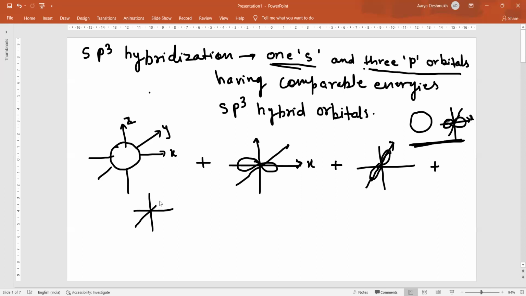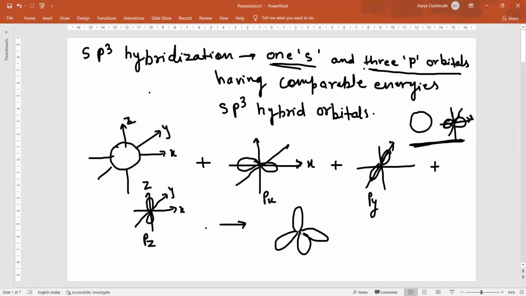We'll draw here. This is Z, Y, and this is X. So these three are Px, Py, and Pz. These three p orbitals and one s orbital, having comparable energy, mix together and recast themselves, forming such hybrid orbitals, one with the bigger lobe and one with the smaller lobe.